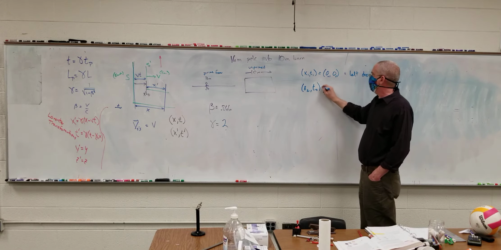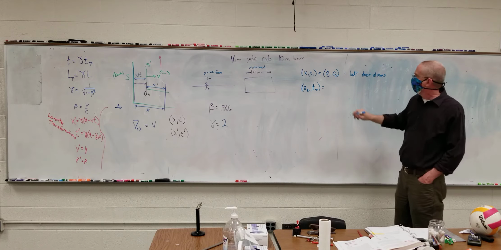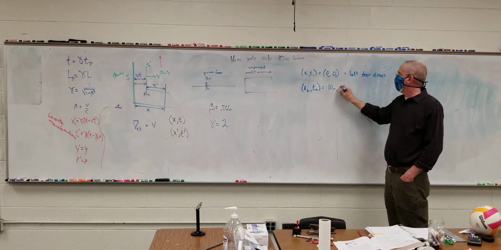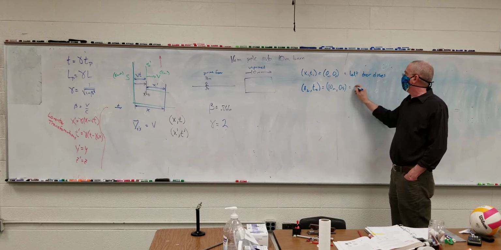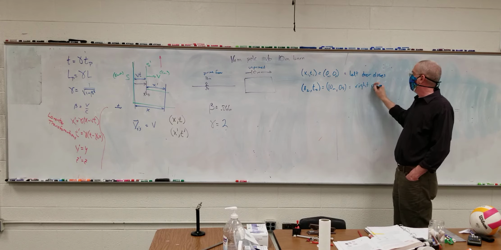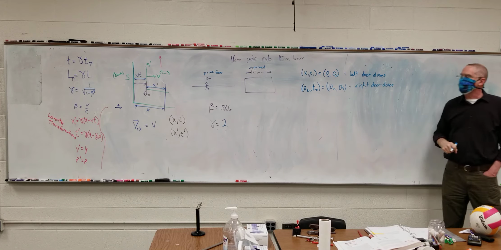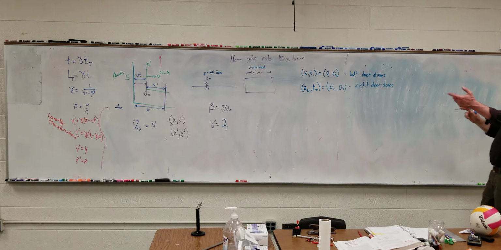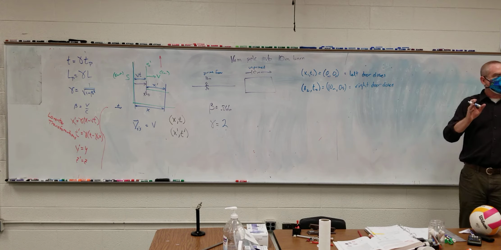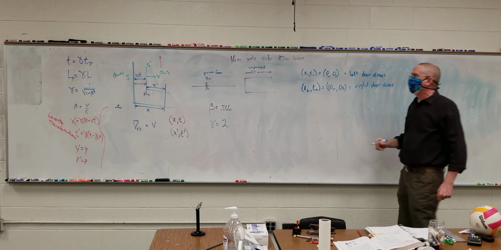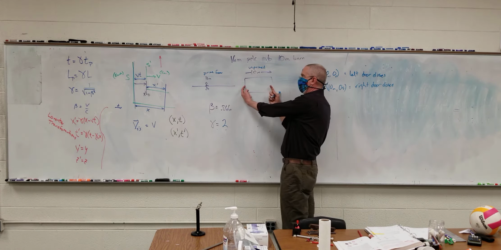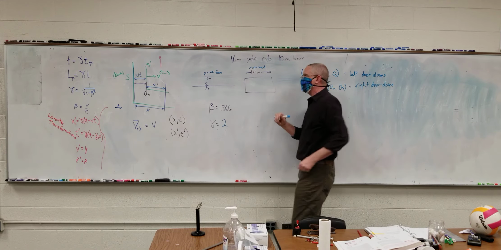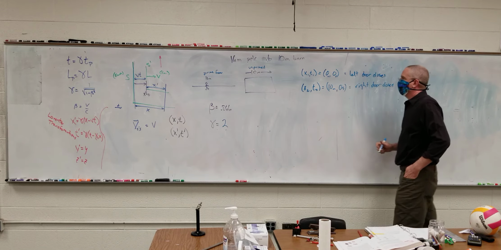X2, t2: this is 10 meters, 0 seconds. Right door closes, because from the person in the barn's point of view, the pole is shrinking. The pole gets smaller, and so both doors will be closed at the exact same time.